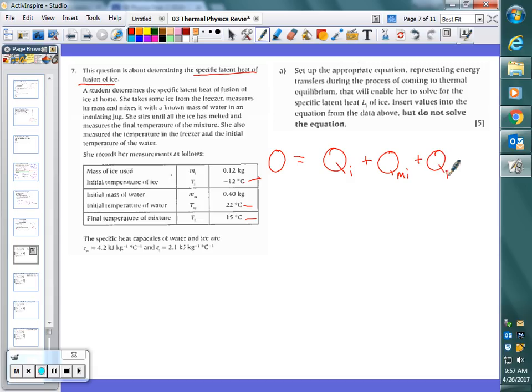I don't know how I want to use subscripts, but let's do this. Let's call the ice 1, and let's call the water 2. Okay?